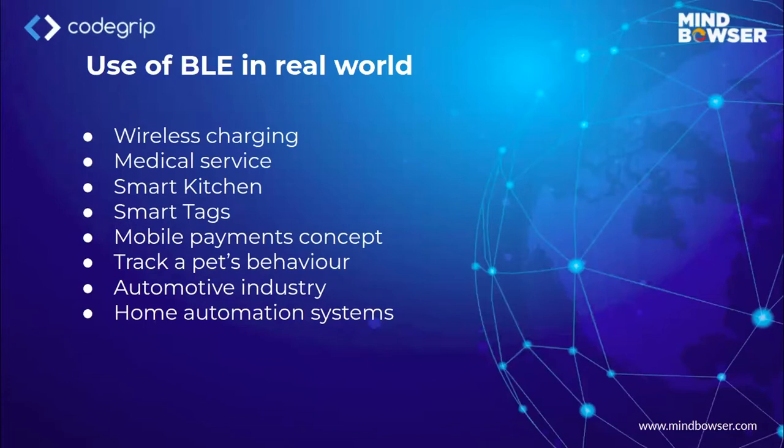One company, Resonance, transfers energy using BLE technology, so we can transfer charge from one device to another. The second is medical service. Blood glucose and blood pressure meters report over BLE technology. Whenever a situation happens, like blood pressure increasing or decreasing, we can identify the data properly and alert the medical service or any medical dispensary.